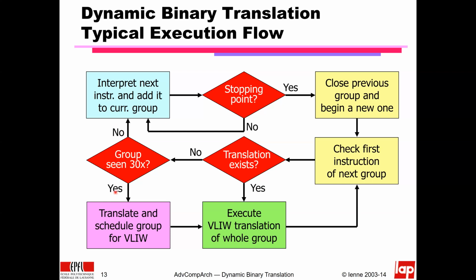Instead of emulating, I take it as a piece of code and I compile it for my target architecture. Why am I saying compiling and not just statically translate? Because maybe my target architecture is actually very different. For instance, it's a VLIW and I have x86 code. So I have to schedule, I have to find parallelism, extract instruction-level parallelism.